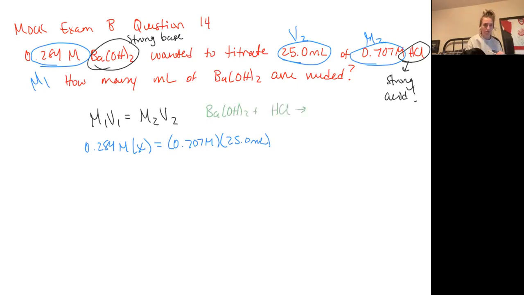What are our products that get formed? Good, so we have BaCl and H2O. So how do we balance this equation? I saw one person come in with it.